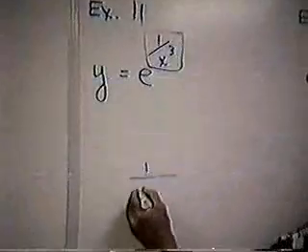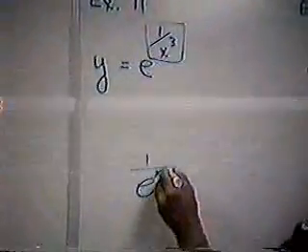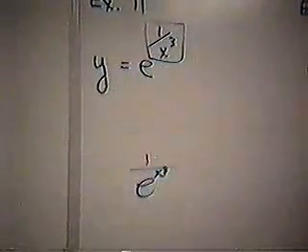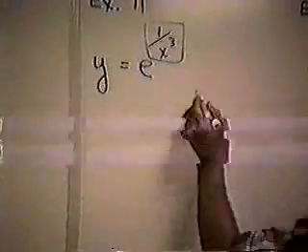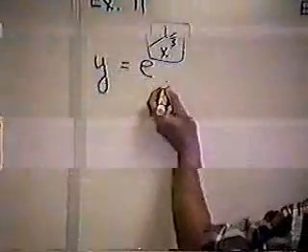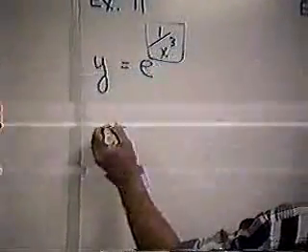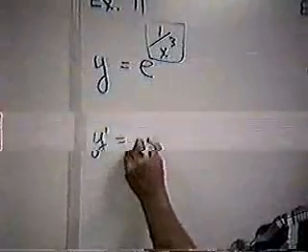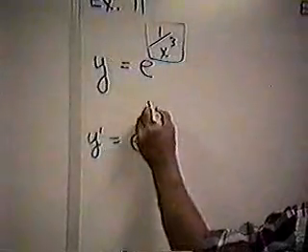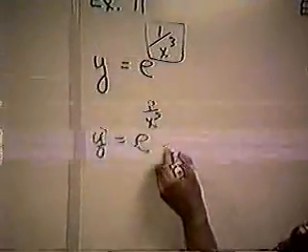It's 1 over e to the third power. Okay, and I'll show you another one like that. So we've got to watch out for that. So this is e to this power. Okay. So that is y prime is itself, 1 over x, that, and then times the derivative of that.